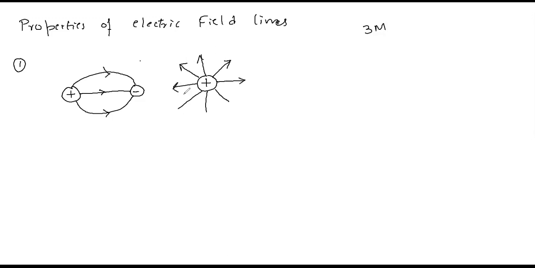So the property is based on this only. It originates at the charge and moves towards infinity. And now if you consider a single negative electric charge, what happens? The electric field lines originate at infinity and move towards the charge.